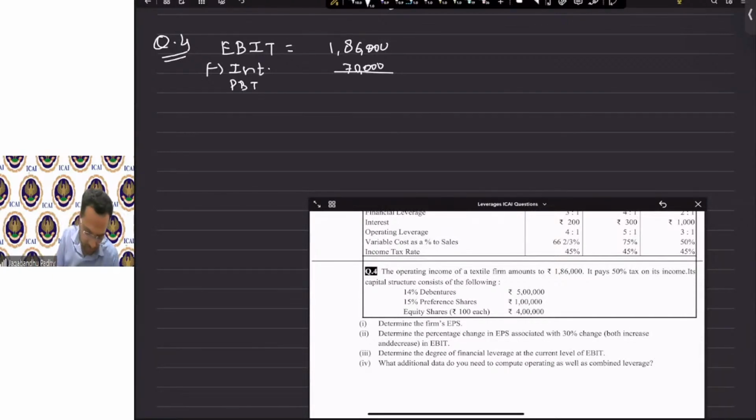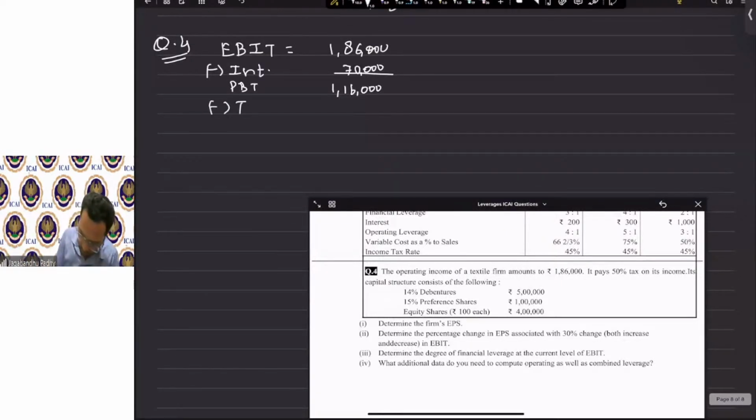We get a profit before tax of 1,16,000. From that, we subtract the taxation. Tax rate is 50%, so 1,16,000 into 50% is 58,000, and the profit after tax figure is 58,000. Now, from this, we pay the preference dividend.